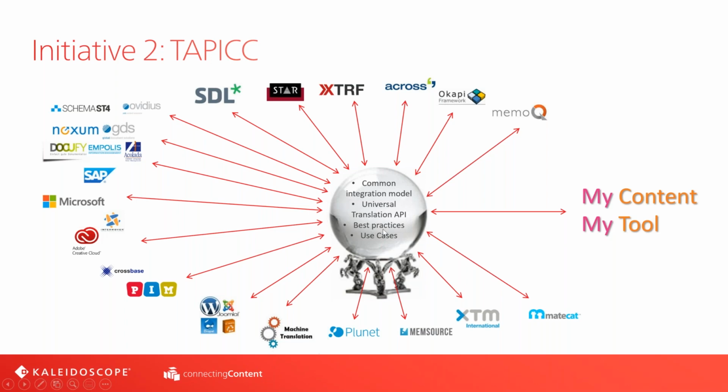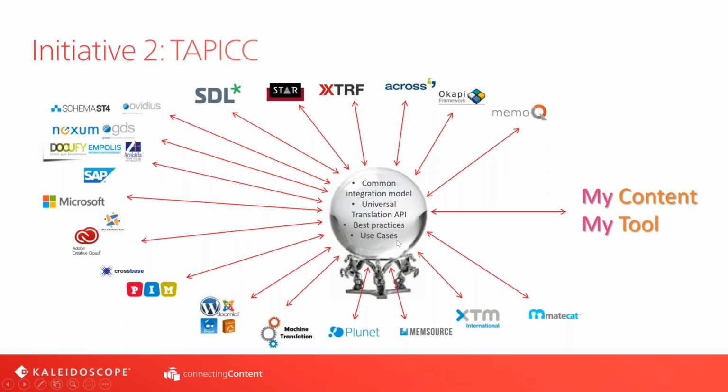But we also want to list best practices. So this is for, let's say, industry outsiders that want to figure out, how do I send something into localization? What do I need to watch out for? How is that best done? Then we want to have documented best practices. This is how you do it. Use our recommendations, because we as an industry have agreed on that.